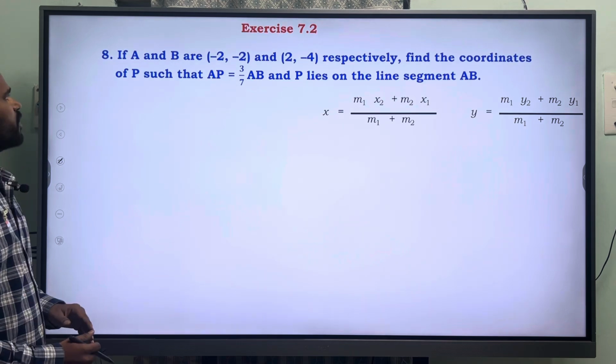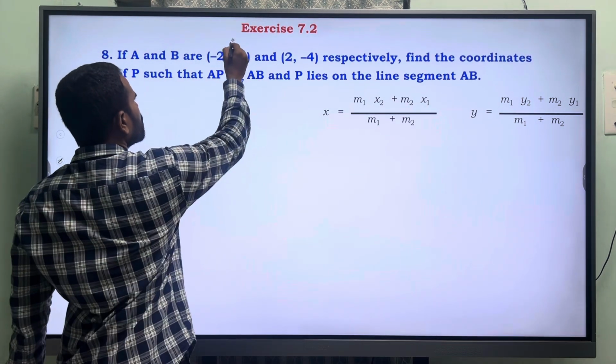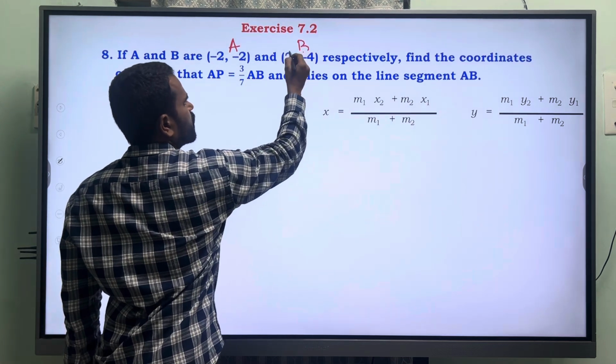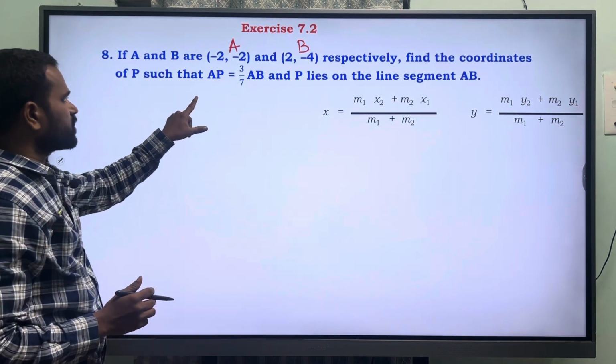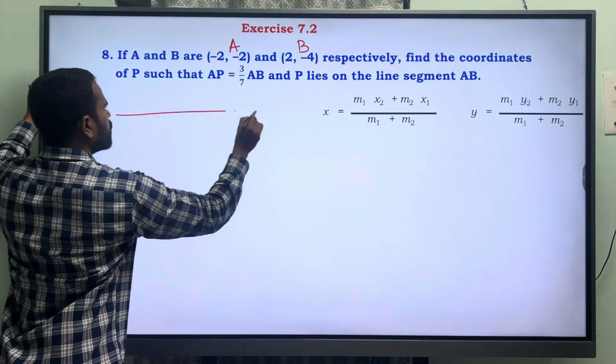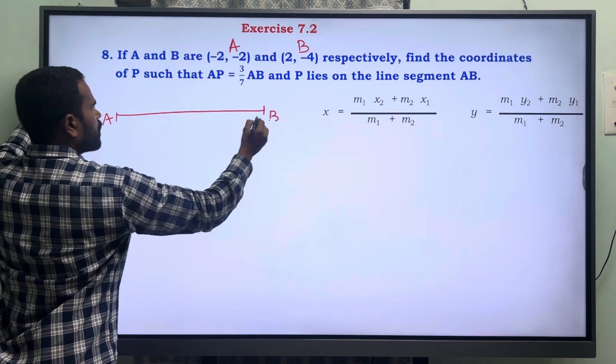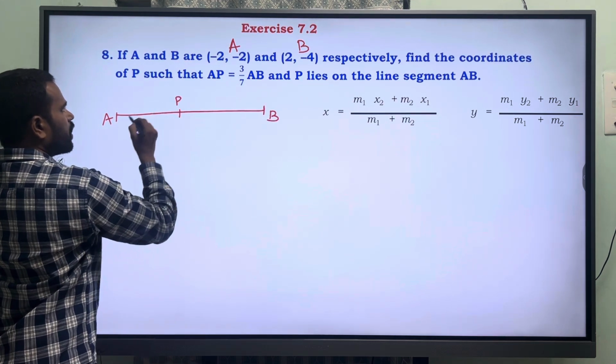Next, if A and B are respectively the given points, find the coordinates of P such that AP equals 3 by 7 AB. See here we are given A, B and P. Understand?